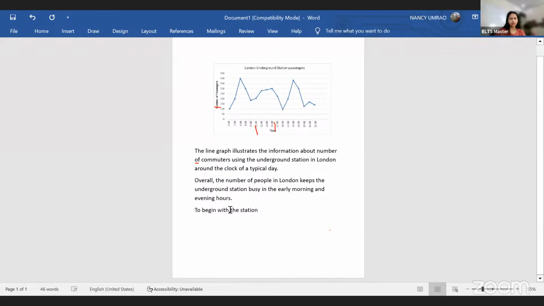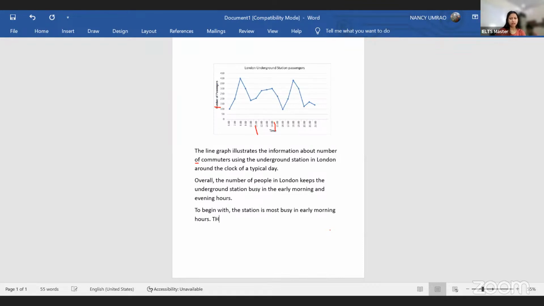The station is most busy in early morning hours.